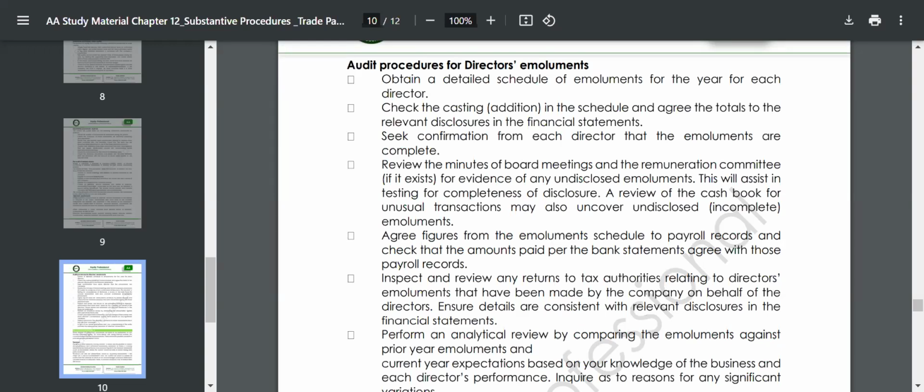Now, if the contract of service says they are entitled to something and they are not getting it, or the policy says they should get something and they're not getting it, what is happening here? These are the exceptions that the auditor should pay attention to. The auditor must check that the addition in the schedule agrees to the total relevant disclosure.